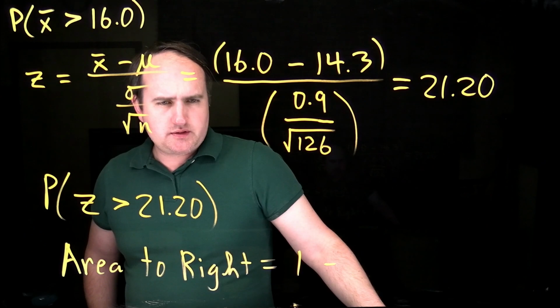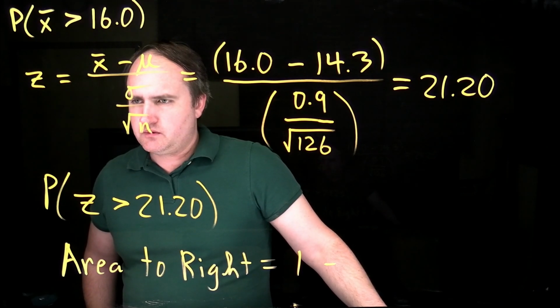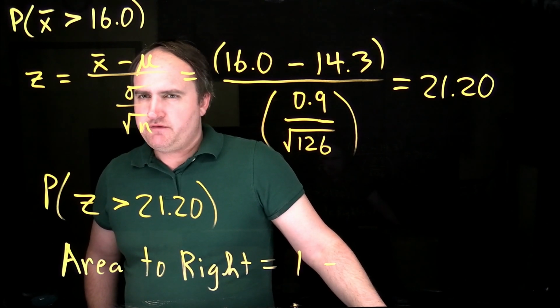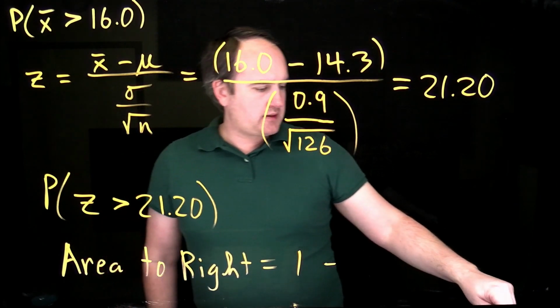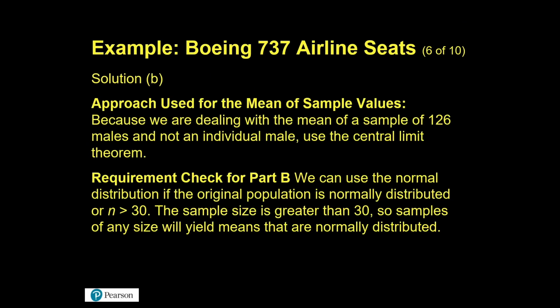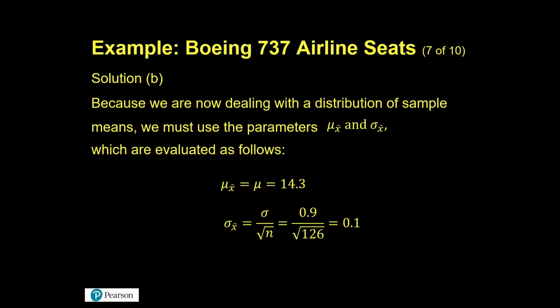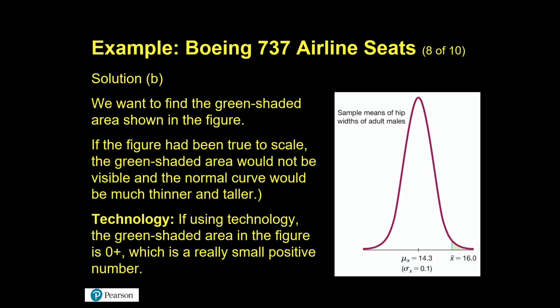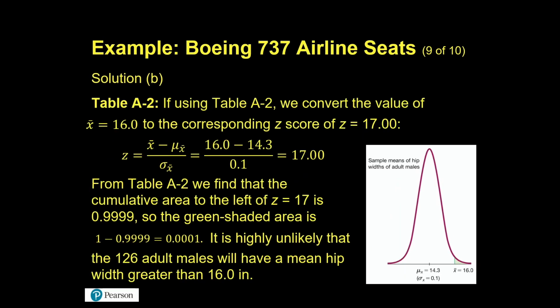So our z-score is huge here. It's 21.2. And if you don't believe me that that's correct, I can go back to the slides. They have almost the same number in our book. It looks like they rounded a little bit.